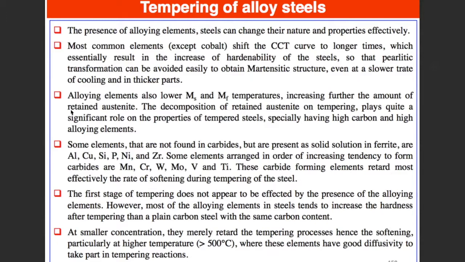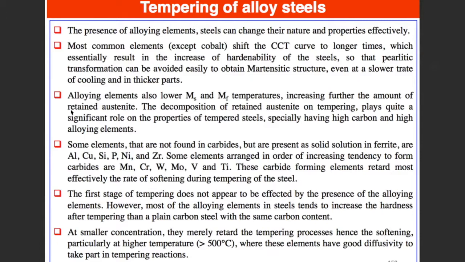So all your alloying elements are going to shift the CCT curves to longer time, right? Which means it's easier to avoid the nose. You're going to have slower critical cooling rates, right? Easier to hit the martensite, to get fully martensite, right?